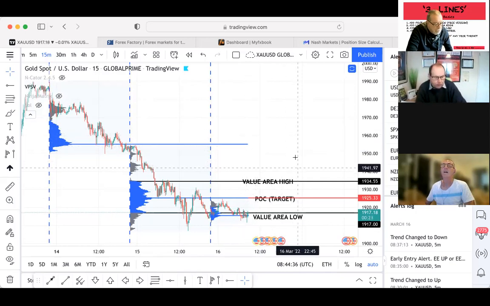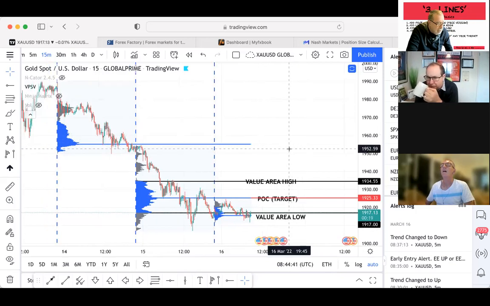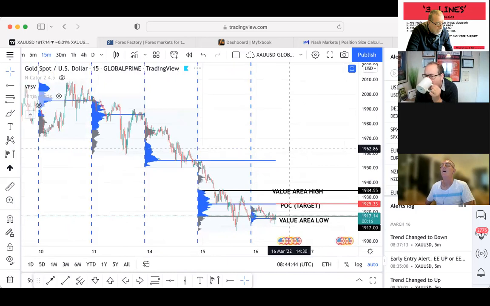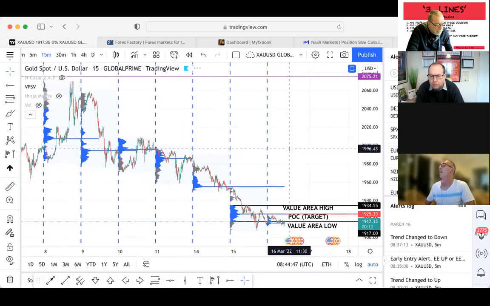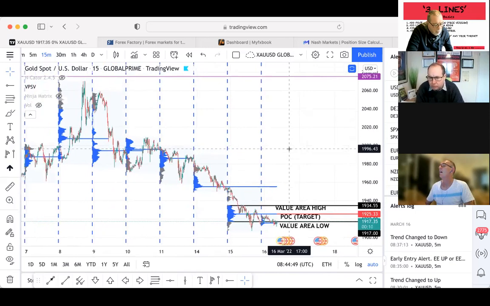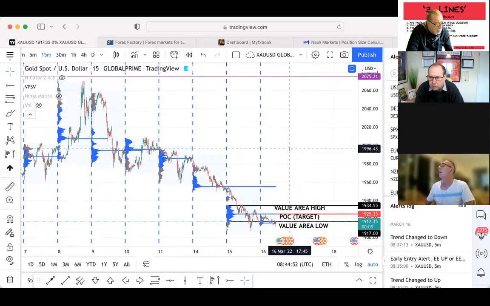The price tends to be attracted to these, and in the same way that imbalance is an area where price needs to go back to at some point, although we don't know when, these points of control act in the same way.